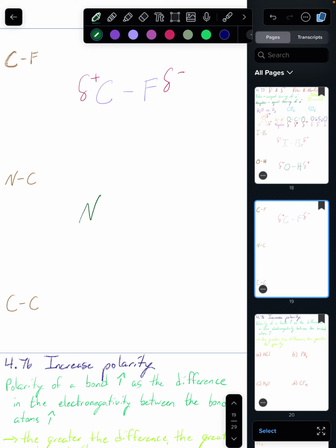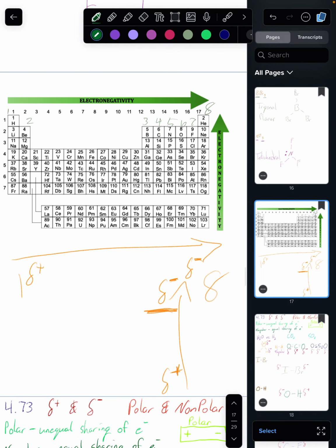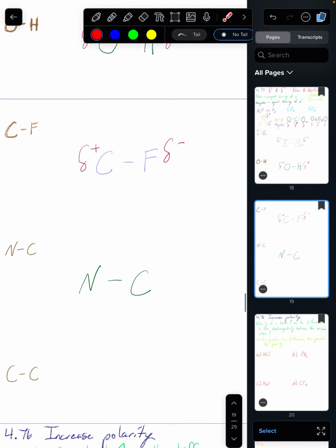Now, nitrogen and carbon, they are also in the same row, so you can also compare those. So nitrogen is more negative than carbon.